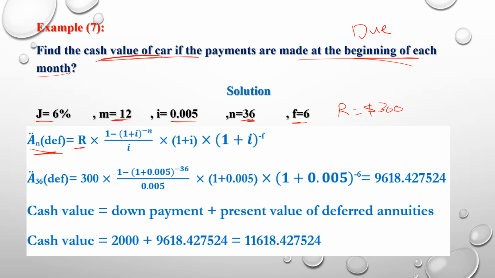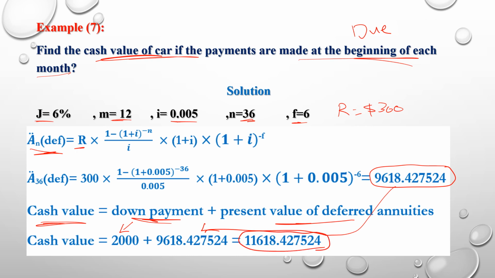By substituting the values, we get the present value of these payments. The cash value equals the down payment, $2,000, plus the present value of these deferred annuities. By adding these quantities, we get the cash value of the car, or the price of the car.